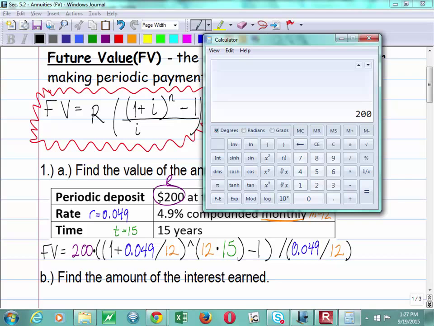So 200 times double parentheses 1 plus 0.049 over 12, close the parentheses, and then to the power of, open parentheses, 12 times 15, close the parentheses, minus 1, close the parentheses again, divided by, parentheses, 0.049 over 12. And that gives me $53,013.71.